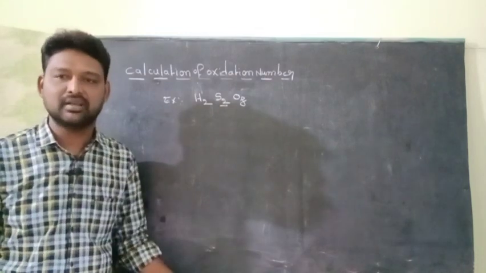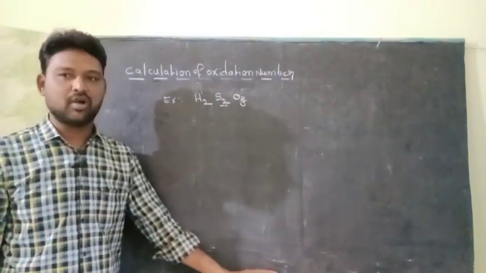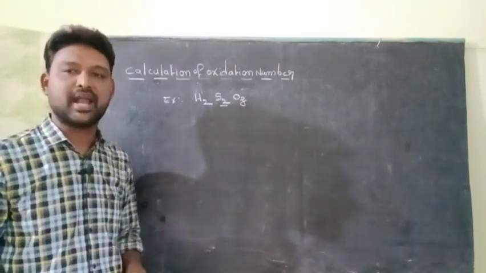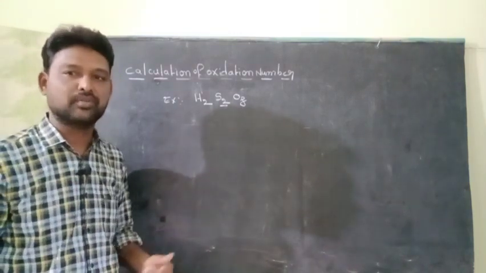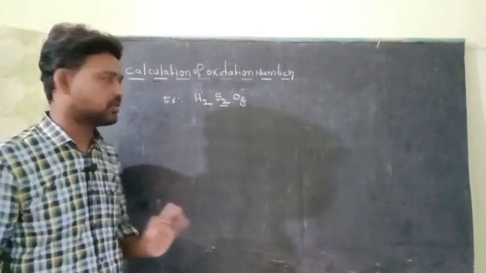So this is a peroxy compound, which means at least some peroxygen atoms are present. So how do we identify peroxygen atoms in this compound? First we write the structure.